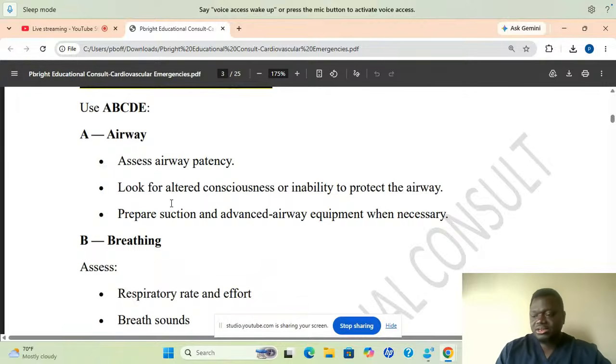Look for altered consciousness or inability to protect the airway. Prepare the suction and advanced airway equipment, the ET tube, the LMAs, the vents, and all those oropharyngeal and nasopharyngeal airways.